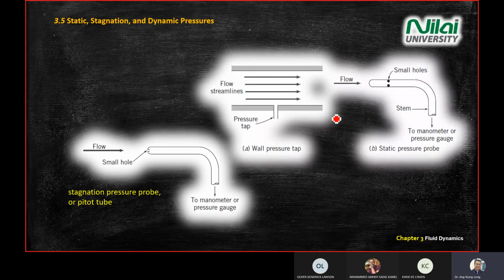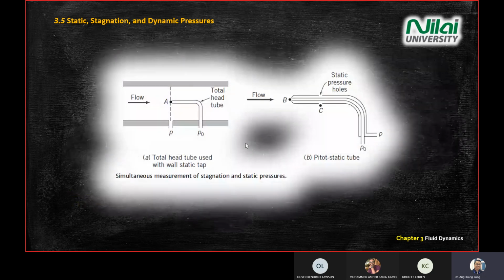Okay, this is just a direct side-by-side comparison of the stagnation and static pressure. This picture on the screen is a combination of two systems. This system is the static pressure measurement. This one is the stagnation, which directly measures the flow.